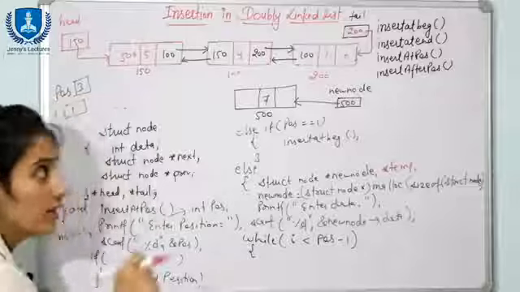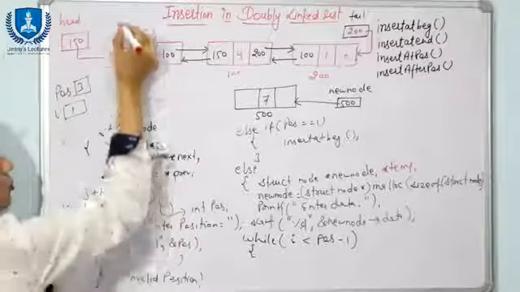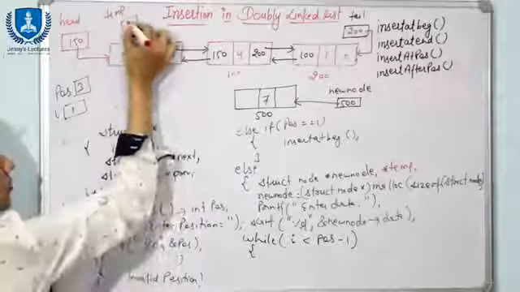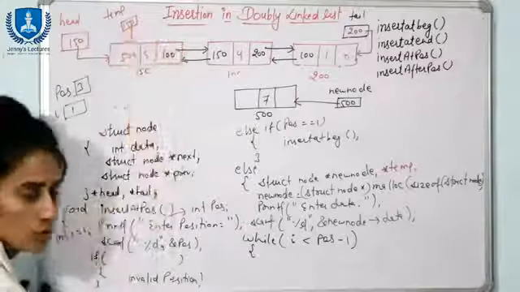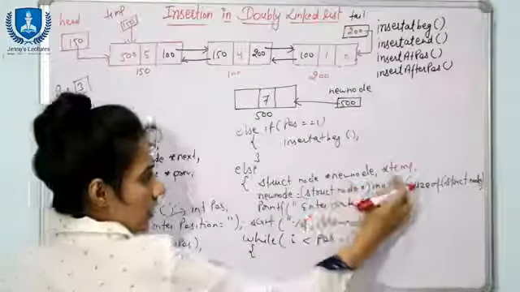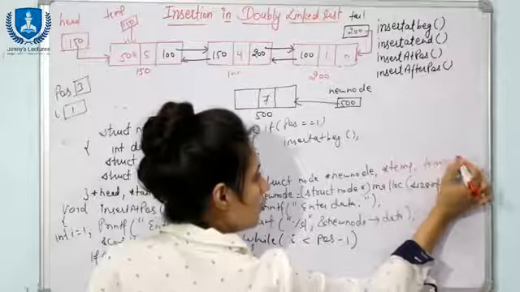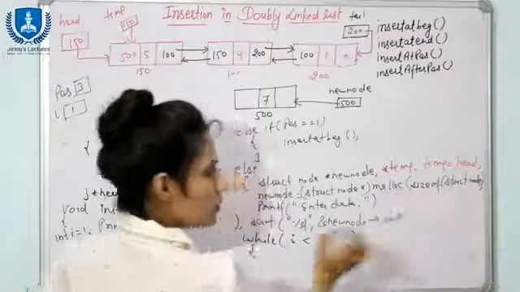And at the starting temp is equal to head. Temp is also pointing to this one, that is 150. So temp is also pointing to this node. So here in the else part, after declaring this temp, here you can write temp is equal to head, right?